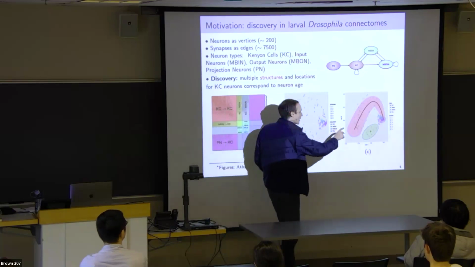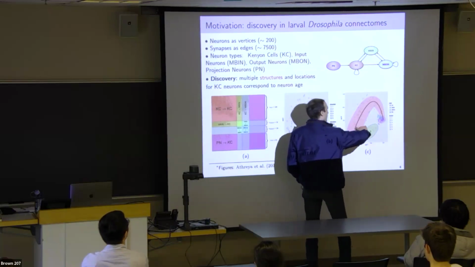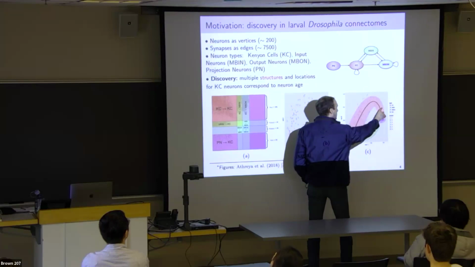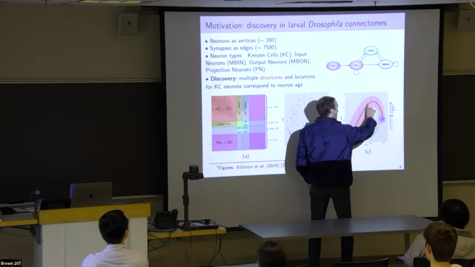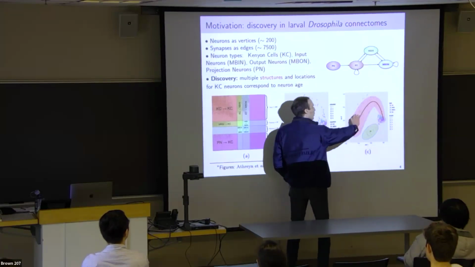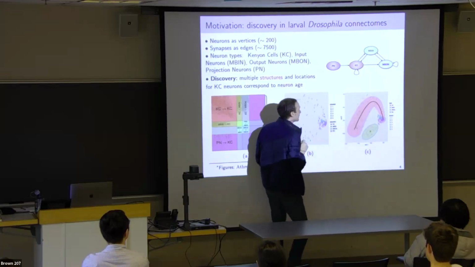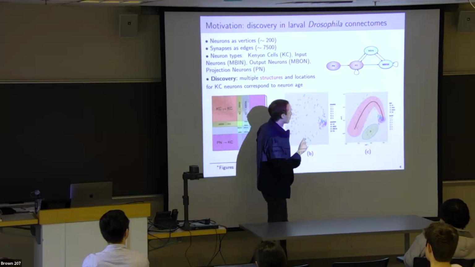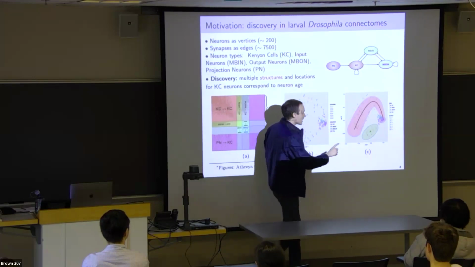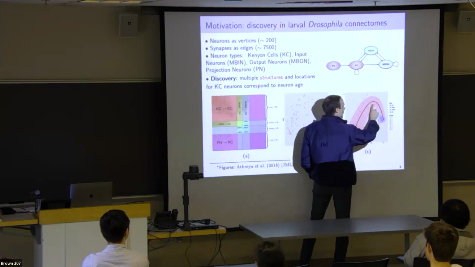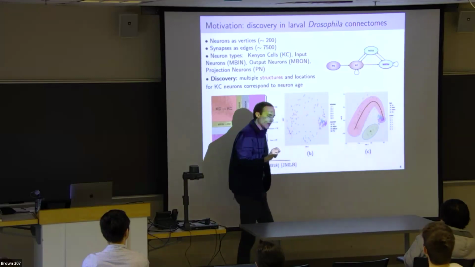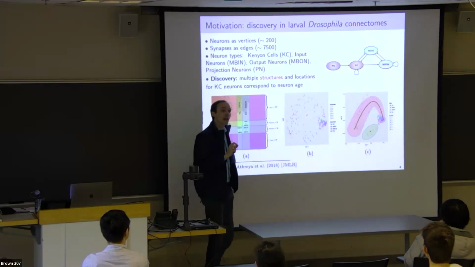But beyond clustering, there's actually this parabolic, or curved, line segment here in our lower dimensional latent space, all corresponding roughly to Kenyon cell neurons. And what's interesting is that the location along this trajectory corresponds closely to the age of that neuron.